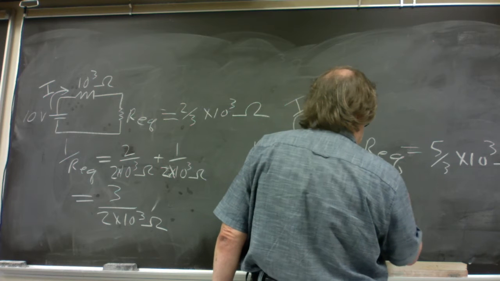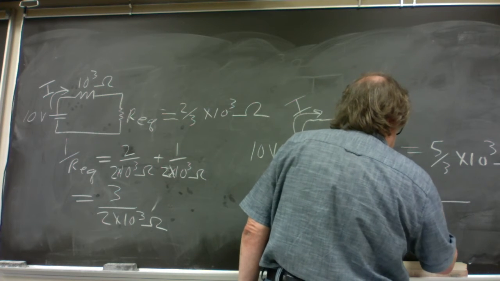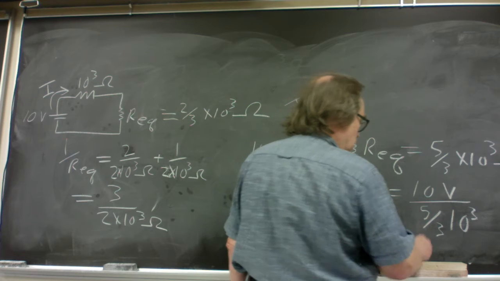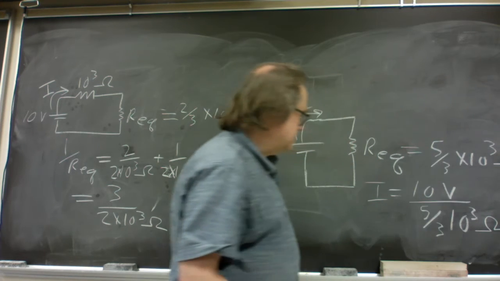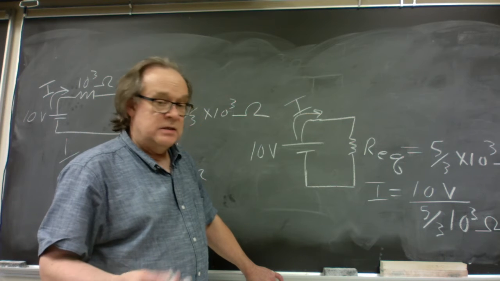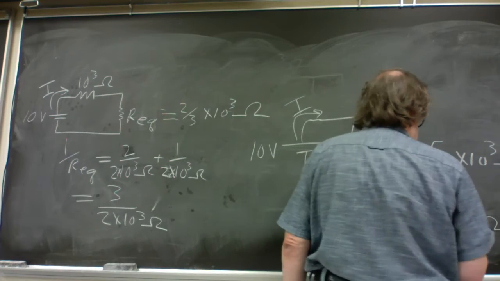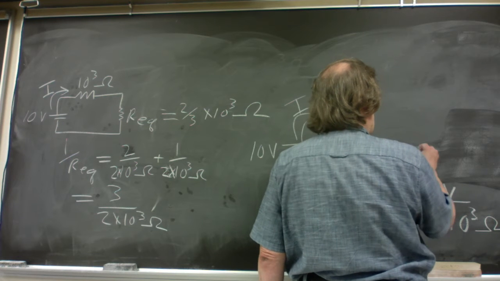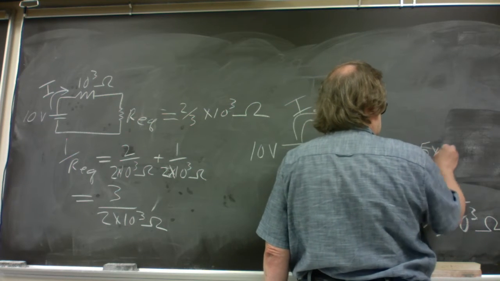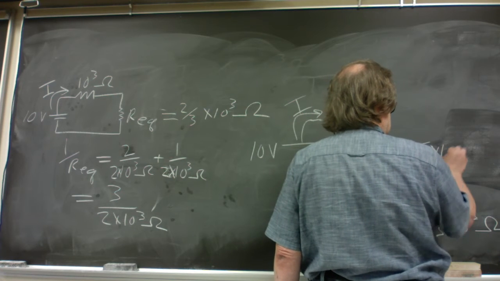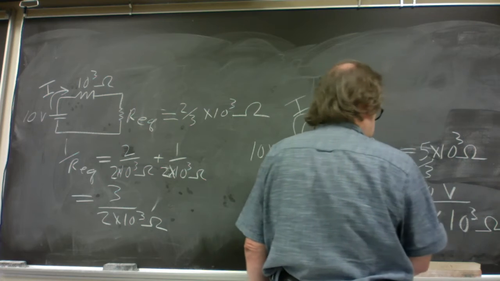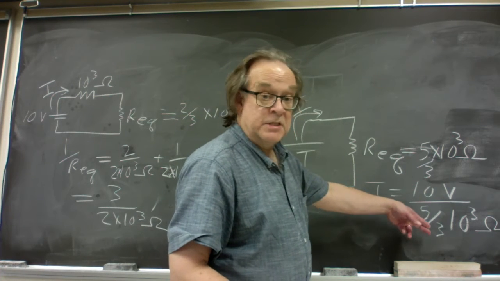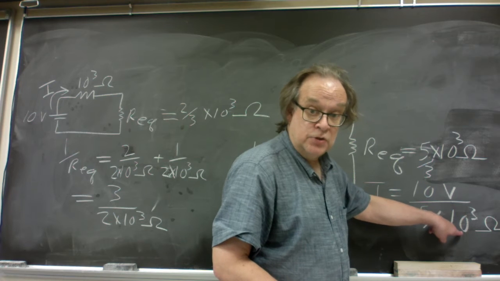Current is just the potential difference divided by resistance, so 10 volts over 5/3 times 10 to the 3 ohms, and that will give us 6 times 10 to the minus 3, because we have a 10 to the 3 in the denominator.